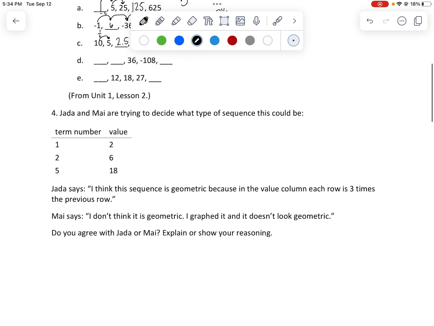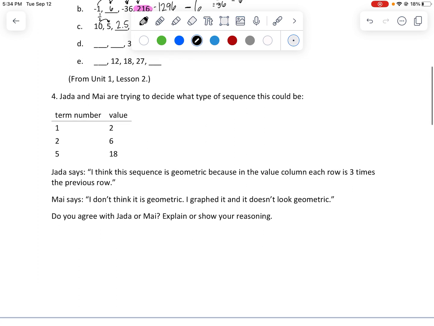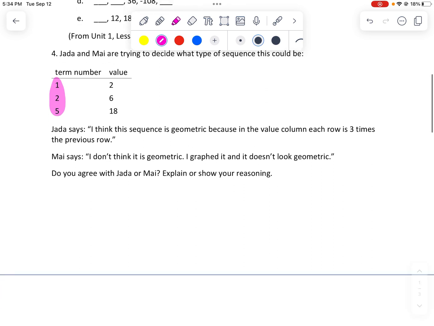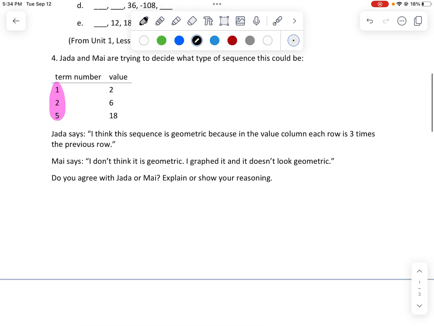Jada and Mai are trying to decide what type of sequence this could be. One thing to notice on this one is these terms skip. So technically we could recreate this table with the term number or n and f of n or the value. 1, 2, 3, 4, 5.